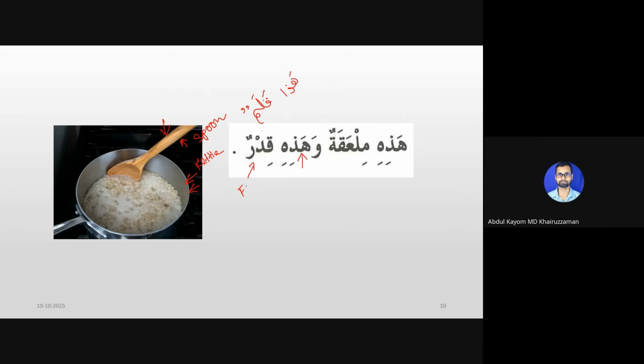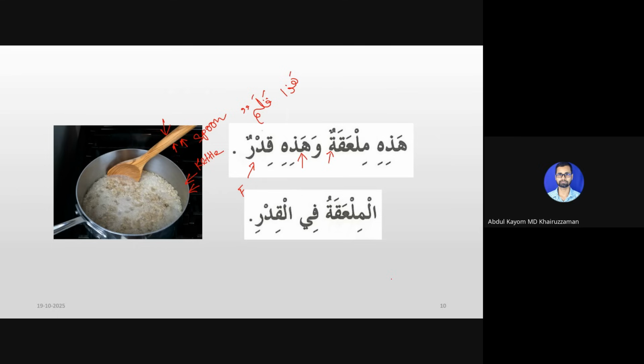It is used as feminine. So we say hadhihi qidrun. This is a kettle, right? Mil'aqatun is fine, we have ta marbuta here, so we are using feminine. So hadhihi mil'aqatun. This is a spoon. Wa hadhihi qidrun. And this is a kettle or a cooking pot.